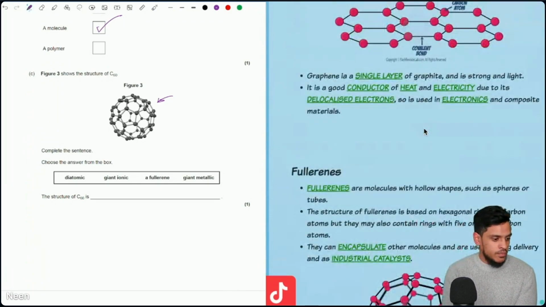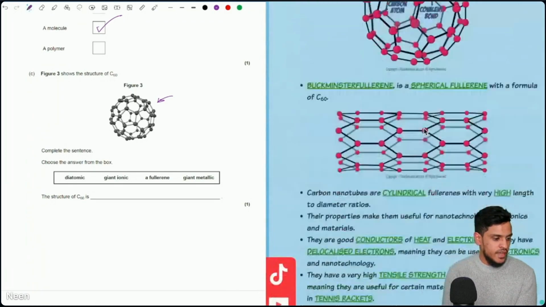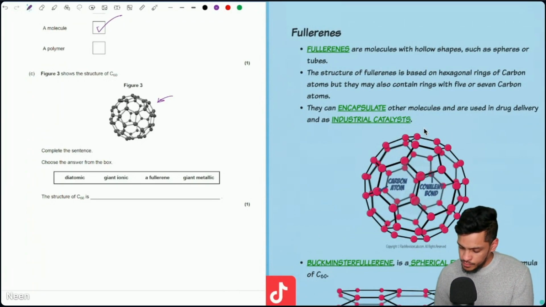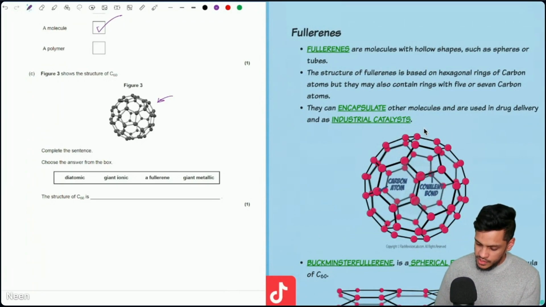These are all giant covalent structures. That's not one of the options here, though. It's not diatomic. What does diatomic mean? Diatomic means when it exists as two atoms, so that would be like H2, Cl2, N2, O2.